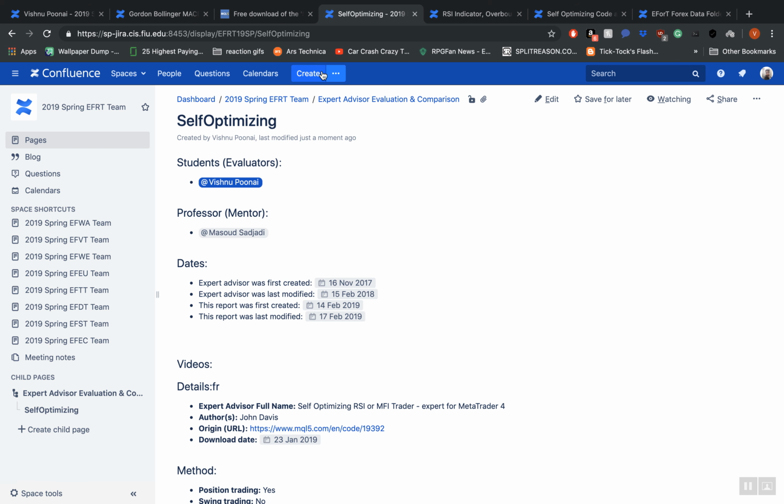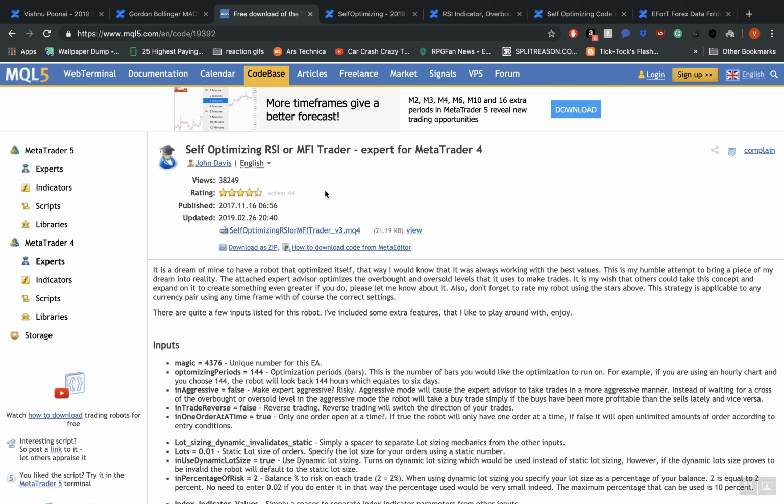Okay, so let's move on to what this Expert Advisor is. Here is the page where one can download this Expert Advisor. As it says here, it's a self-optimizing RSI or MFI trader.